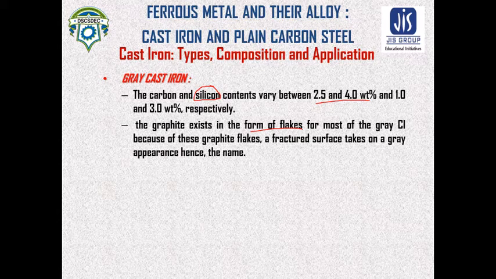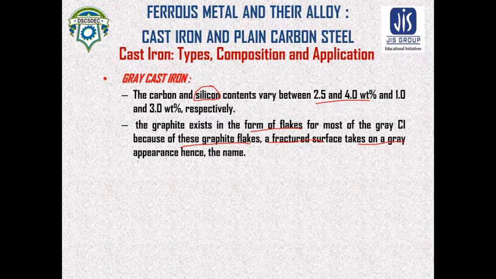You have seen the structure of cornflakes. That complex-like structure can be seen in the microstructure of the grey cast iron, where the graphite is in flake form.